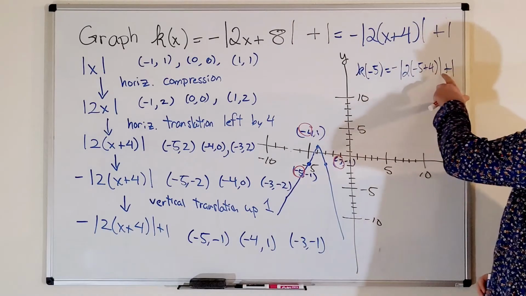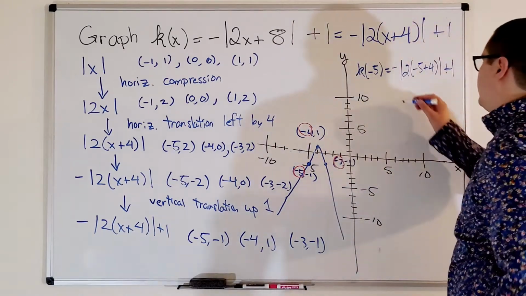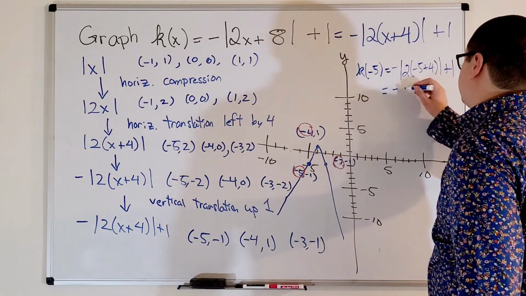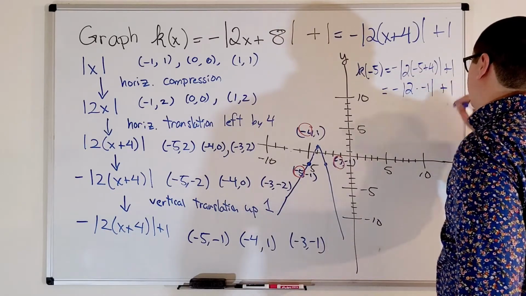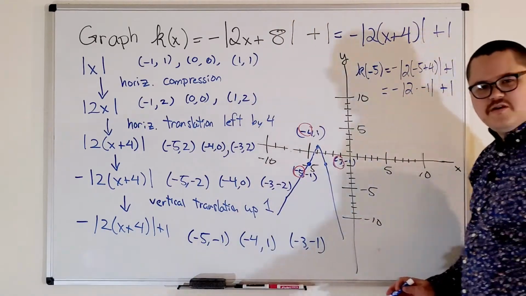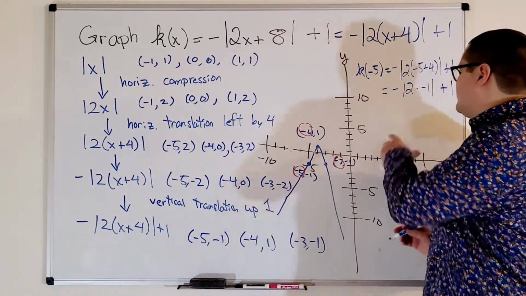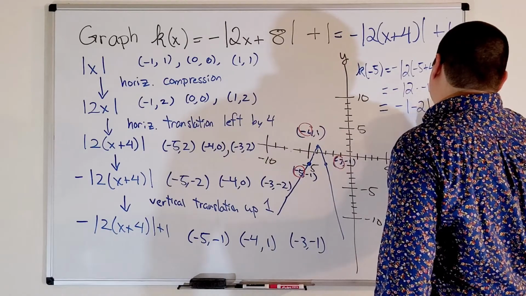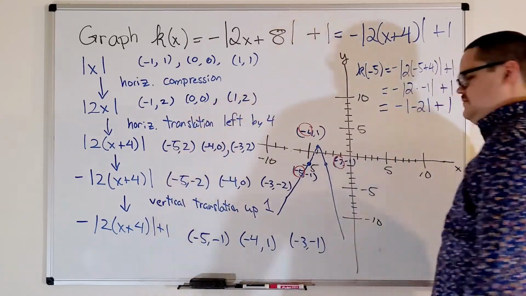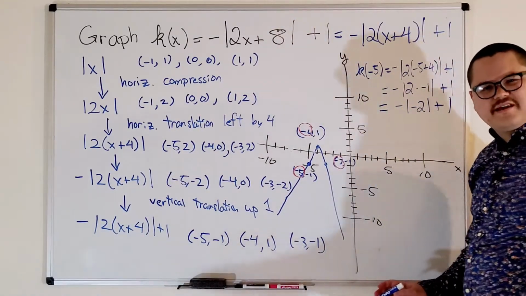So -5 plus 4 is -1. This is a negative quantity. 2 times -1 plus 1. 2 times -1 is -2. And what's the absolute value of -2?